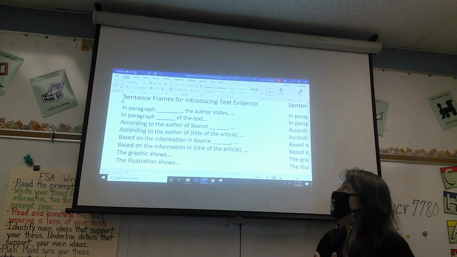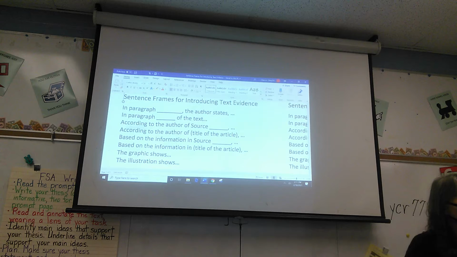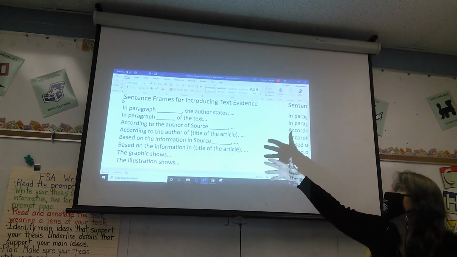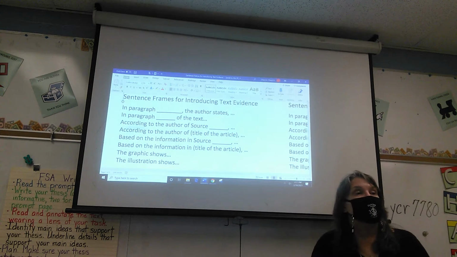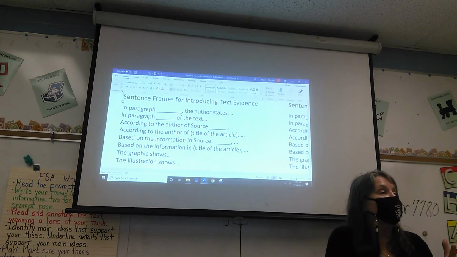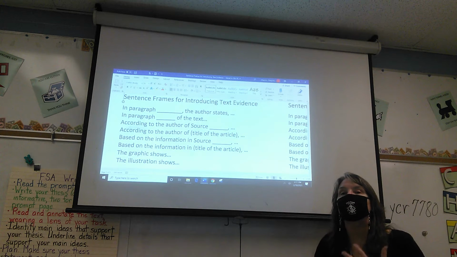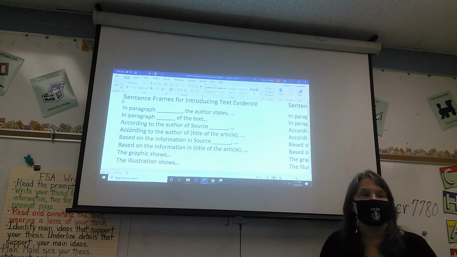So: In paragraph blank, so you would give the number of the paragraph, comma, the author states, and then you can either quote directly or paraphrase. Now, paraphrase, remember, means you're putting it in your own words.